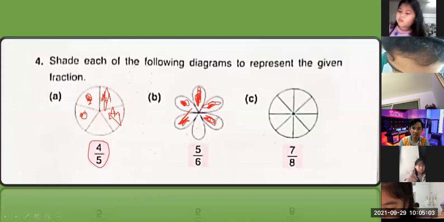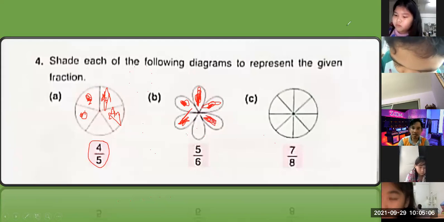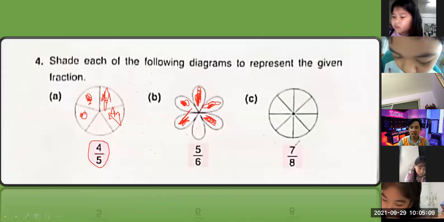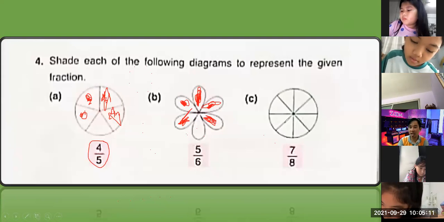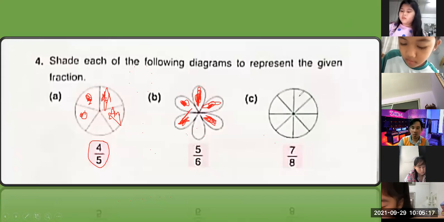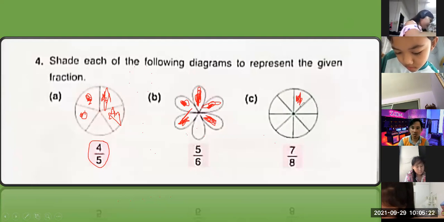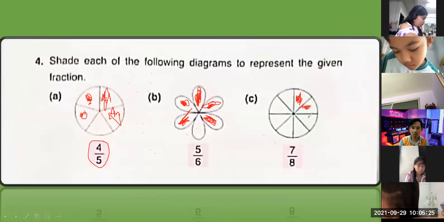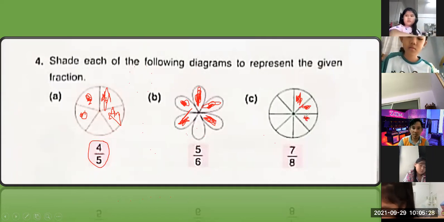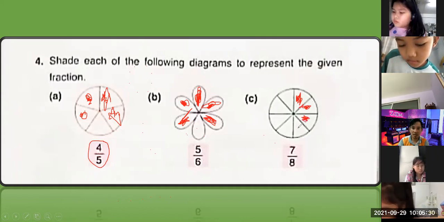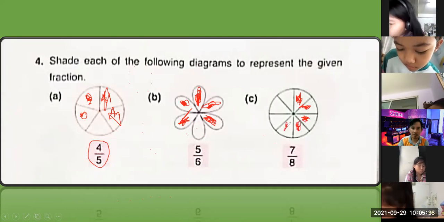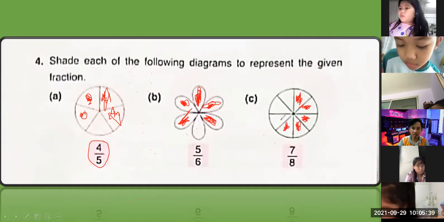Okay, Tintin, finish. Not yet. Here, 7, 8. So you have to color 7 parts here. So here, 1, 2, 3, color it properly. 4, 5, 6, 7.